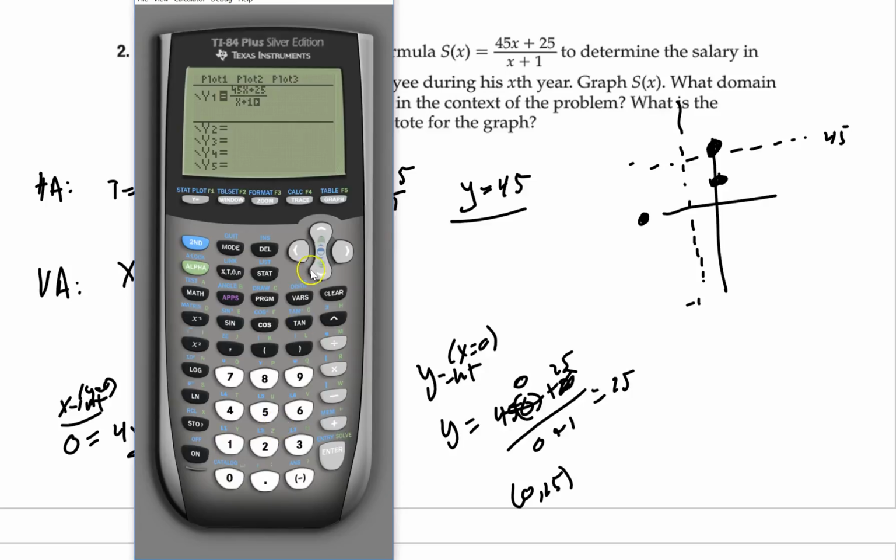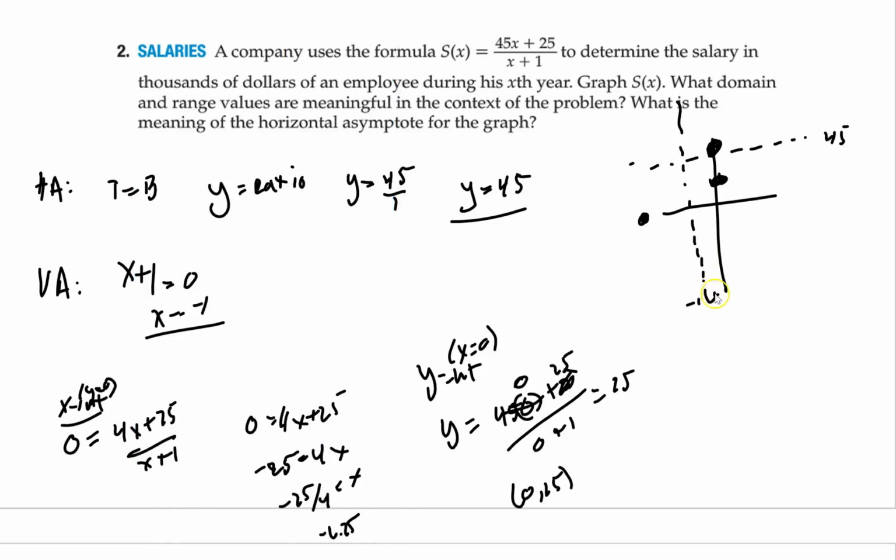Graph it. And you get this, and you're like, I don't see anything. Well, that's how calculus works sometimes. It's going to be a little funky. If we're not sure, you can always hit the table. Look at what's going on at 0. We're at 25, like we said. At 1, we're at 35. And then it gets really close to 45 already. You see 40, 41.